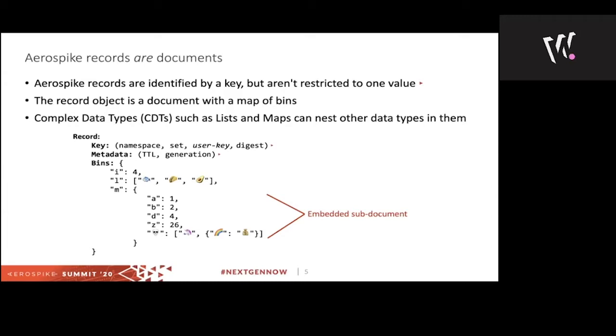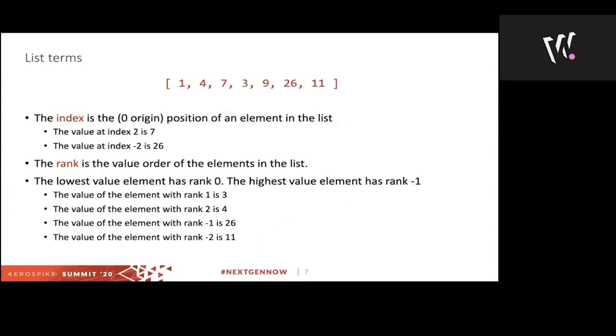The record object itself is a document with a map of bins. Complex data types such as list and map can nest other data types inside of them, as long as these are valid data types. So for example, we have a record with that 3-tuple that identifies it: the namespace, set, and user key. So let's quickly go over list terms.